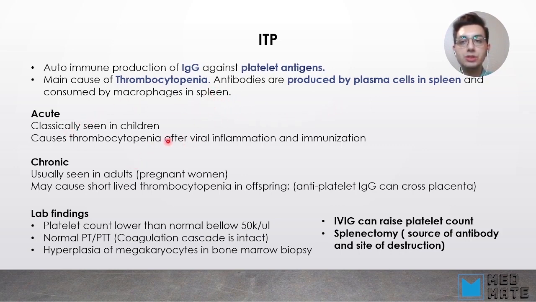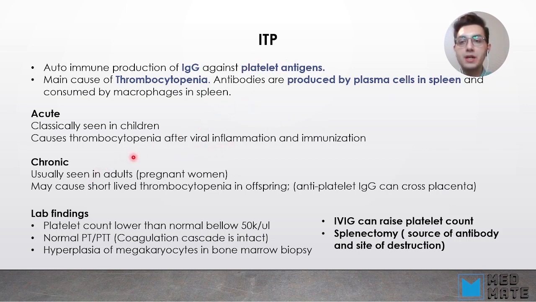Now, it has two types. One of them is the acute form. The acute form is classically seen in children, and this causes thrombocytopenia after viral inflammation or an immunization. So, for example, the child has received a vaccine or has undergone a viral infection. They can present with this ITP.